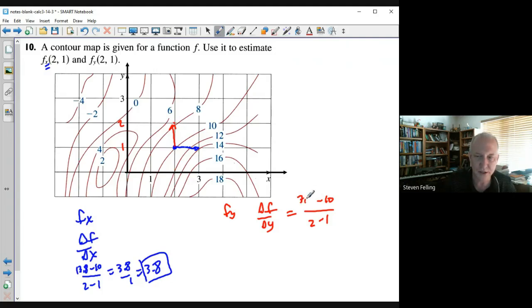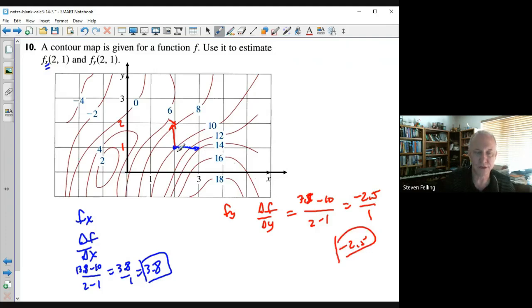It's somewhere between 6 and 8. So I'm thinking 7.2, 7.5, something like that. Maybe we use 7.5 just to make it easier. So 7.5 minus 10 would be negative 2.5 over 1, so negative 2.5.